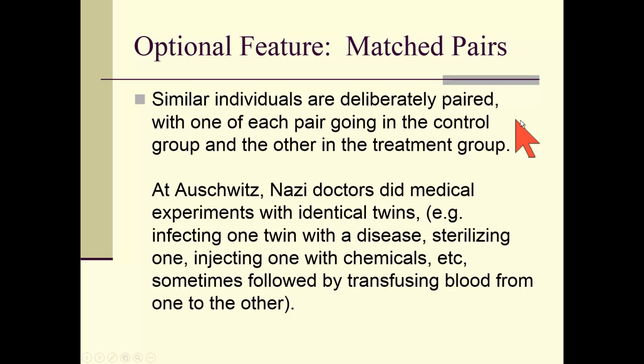Another type of matched pairing that is done is matching a person with him or herself at a different time. So if you were studying the effectiveness, for example, of a TV commercial, how much it influenced people's opinions on how well a hamburger tasted, you could have the person try out the food, then watch the commercial, and then try out the food again and compare their opinion before the commercial with their opinion after the commercial.